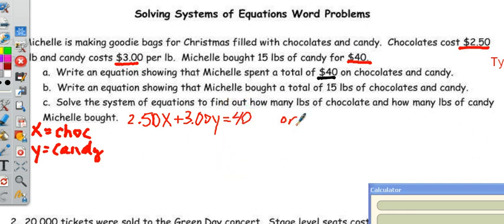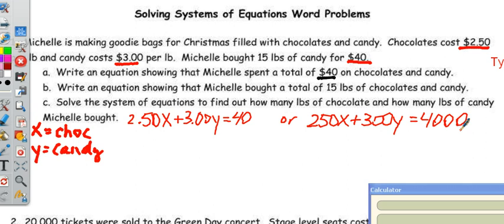They may get rid of the decimals. And so if they do that, instead you may see it written 250X plus 300Y equals 40. Well, not 40. We moved the decimal 2 places here, so we got to do it here also. So instead of 40, it'd actually be 4,000. So you could do that either way.